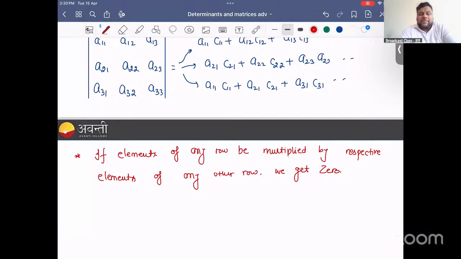But if elements of any row be multiplied by the respective cofactors of any other row, then what do you get? Then we get 0.